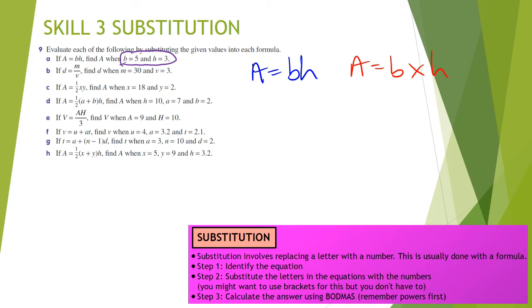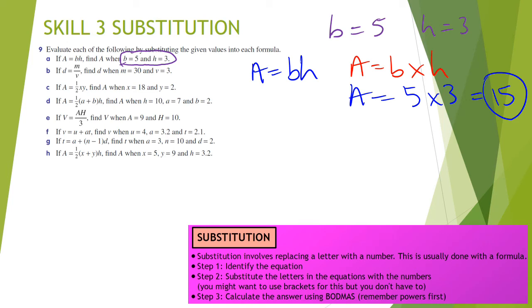So what we're really doing here is A equals 5 times 3, which equals 15. So our final answer is 15 for that.